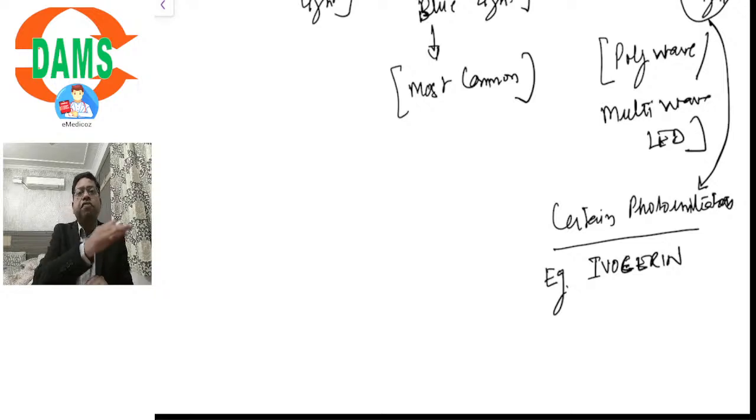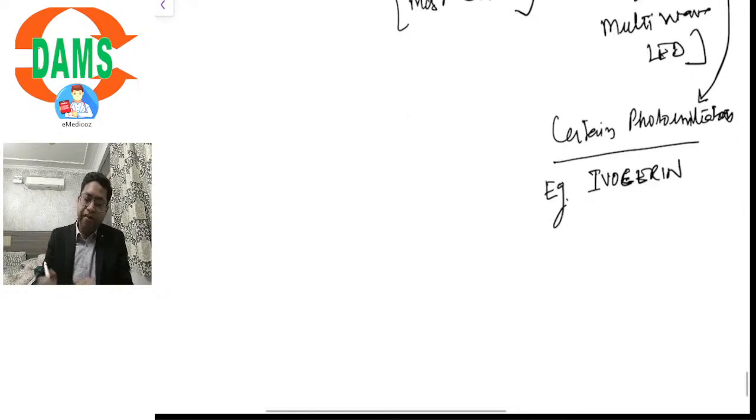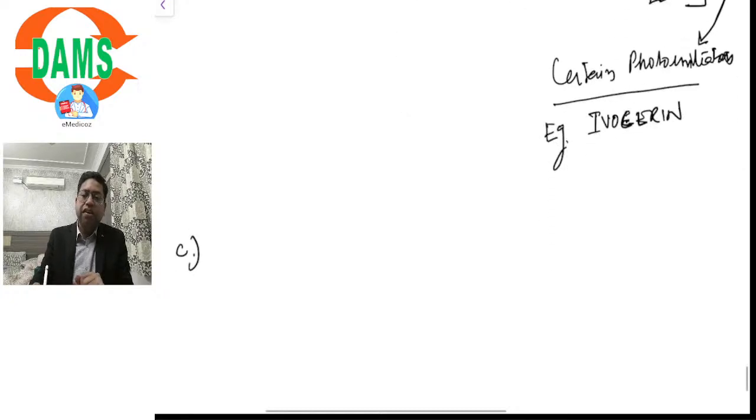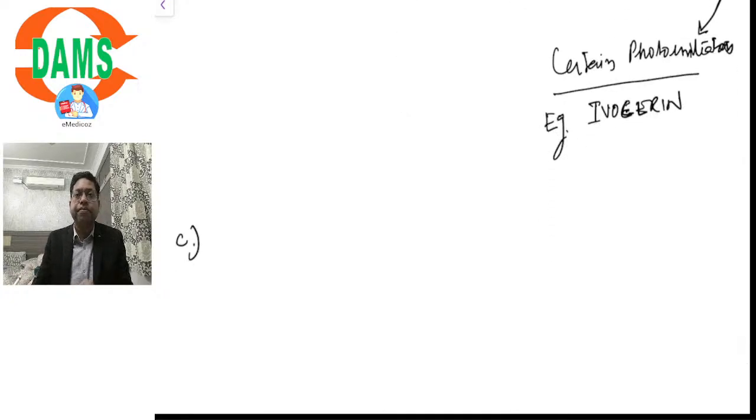That's why for curing of such composites, we require the third generation of LED lights. But for the regular composites, the most common type of LED light, the second generation, emits the high intensity blue light.